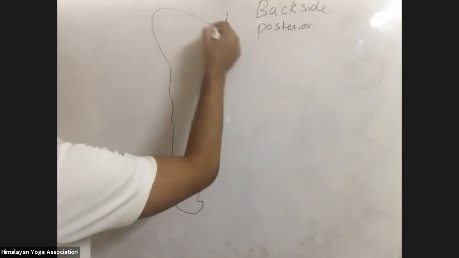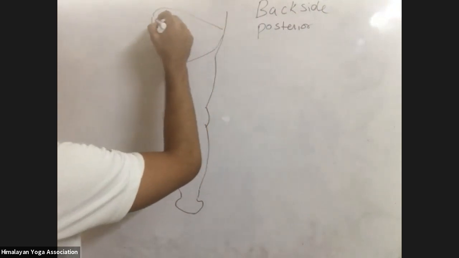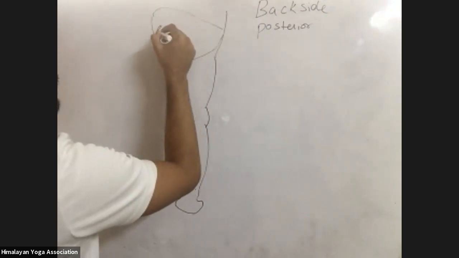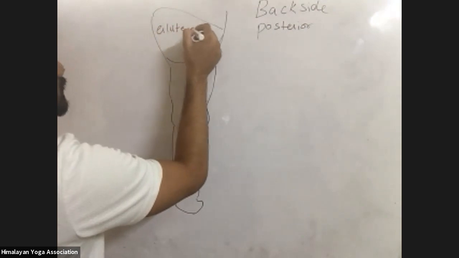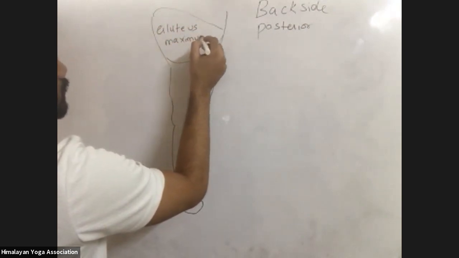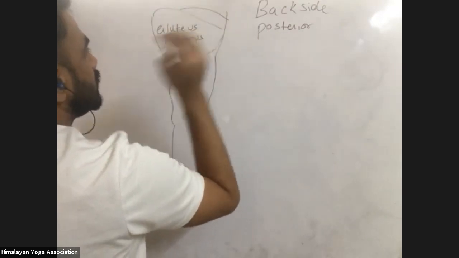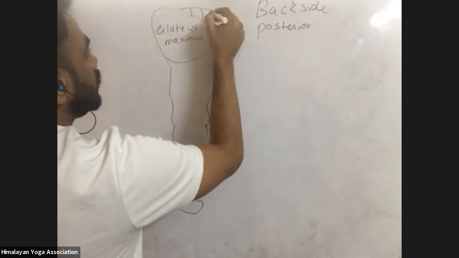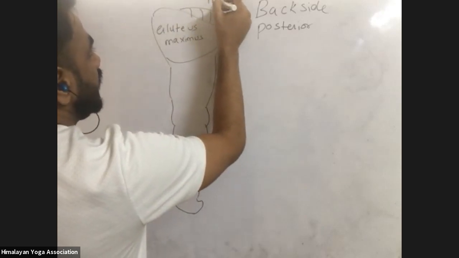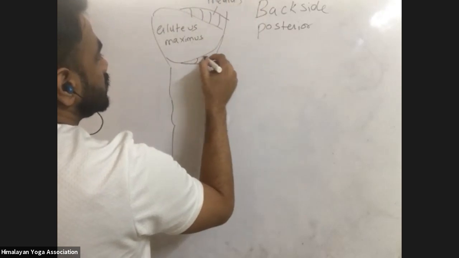There will be the big, huge muscle on the buttocks, known as our gluteus maximus. There will be gluteus medius also. So the gluteus maximus, the medius, and the gluteus minimus muscle.